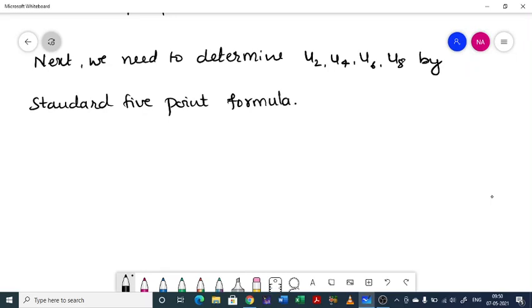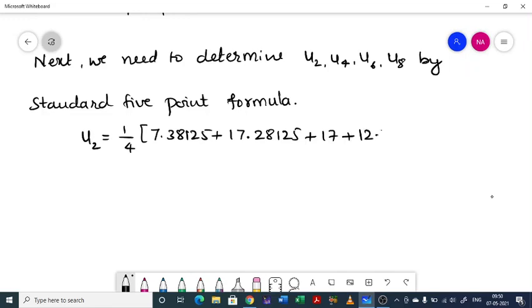Okay, U2 will be 1 by 4 times of, as I said, 7.38125 plus 17.28125 plus 17 plus 12.525. So it will be 13.546875.